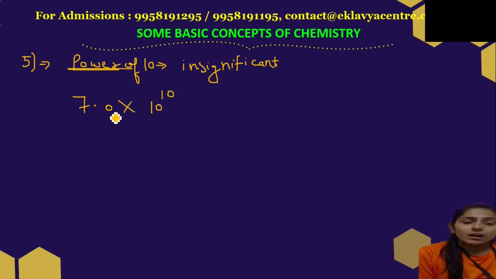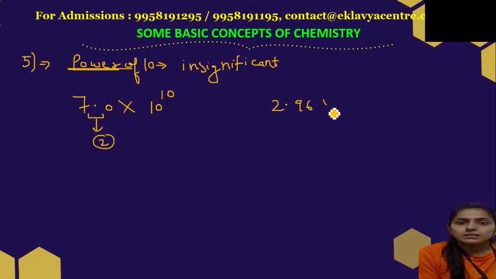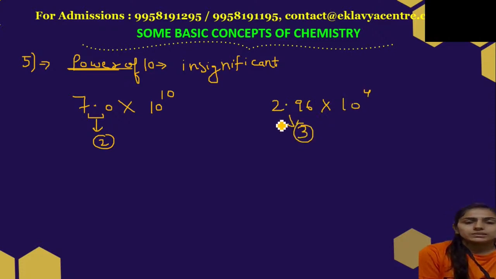Now this 0 is after the decimal and at the end, so we have 2 significant digits, and the power of 10 will be insignificant. Now we have 2.96 times 10 to the power 4, so we have only 3 significant digits. Clear?